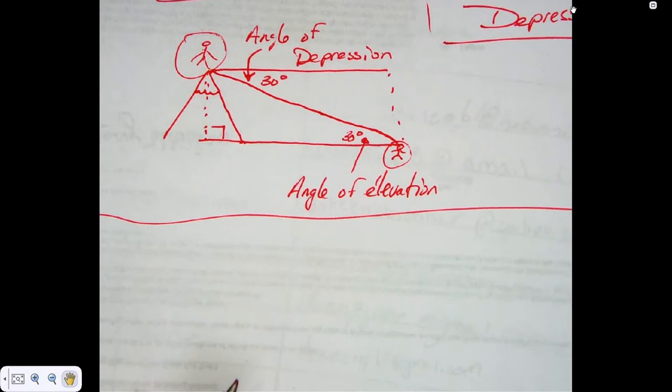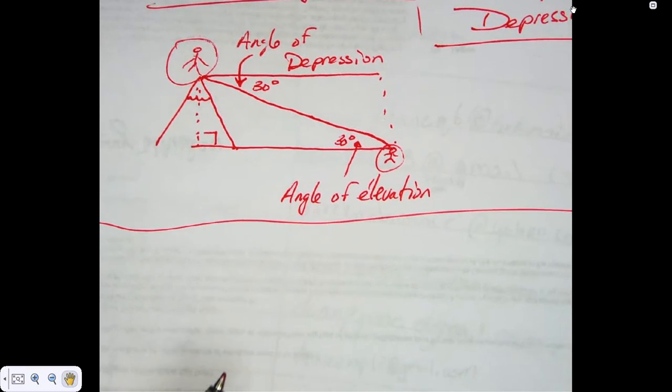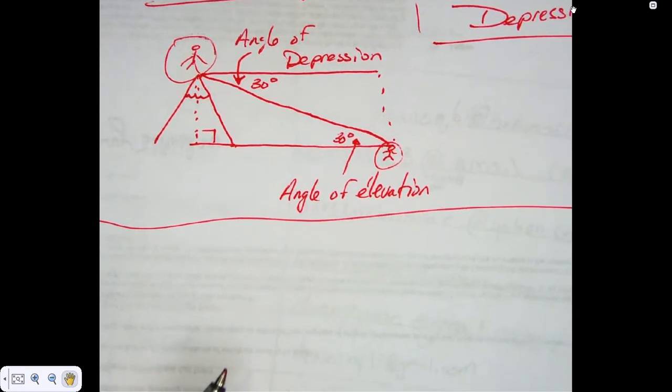Okay. What you're basically going to have in this section are problems exactly like 8-4. The only difference will be from what perspective, or kind of how we're looking at it.